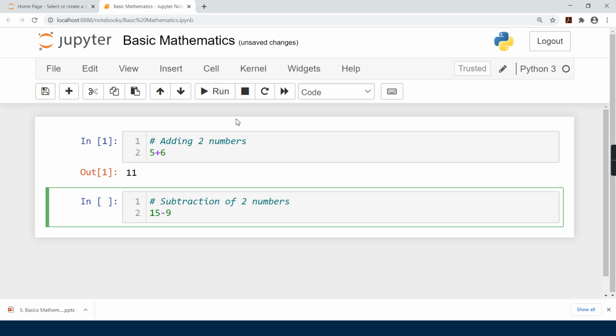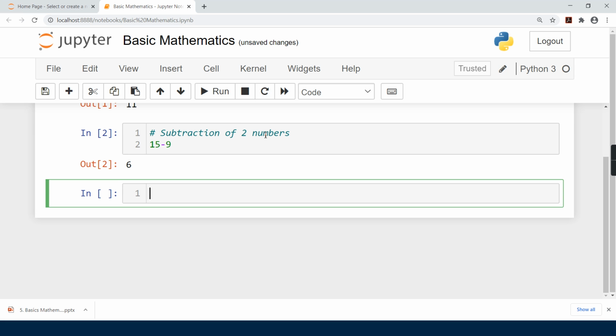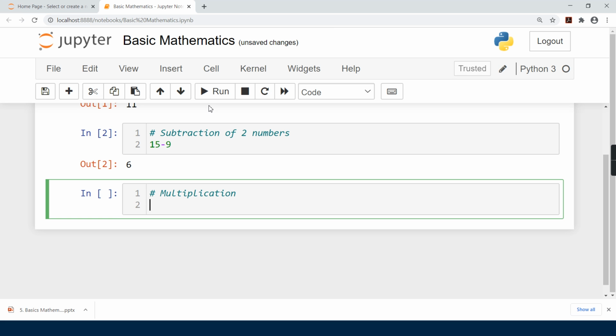So 15 minus 9, we get our answer as 6. Next, we'll look at multiplication. In multiplication, let's say we want to multiply these two numbers, say 4 and 5.